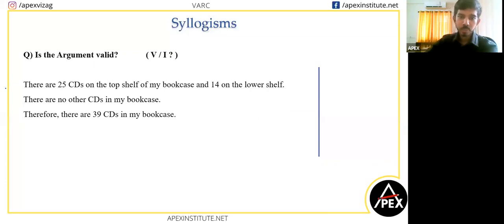So this is one argument. This is premise 1. This is premise 2. And since this sentence has a therefore, this becomes your conclusion. So is this a valid argument?